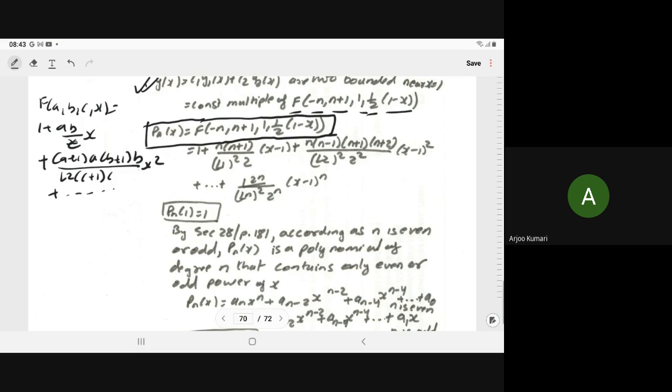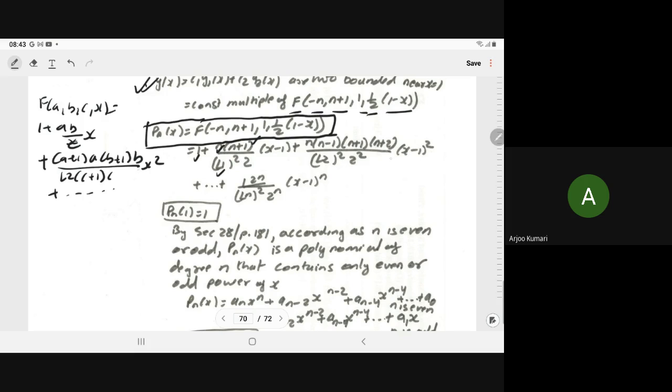So just expand it. When we expand, here we have 1 + ab/(1! 1!) times x, where x is (x - 1)/2. Then a(a+1)b(b+1) upon c(c+1) (2!)^2 times x^2.